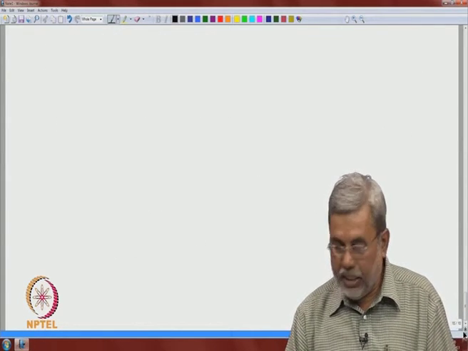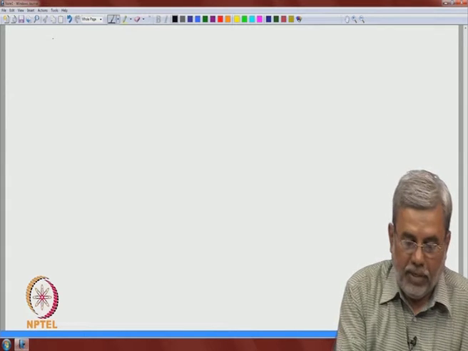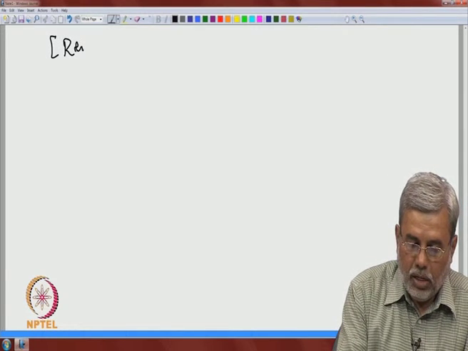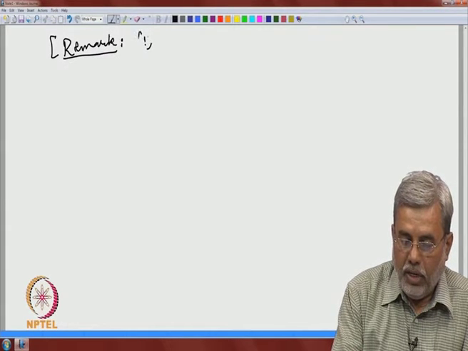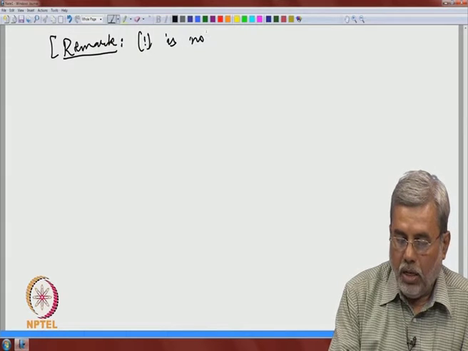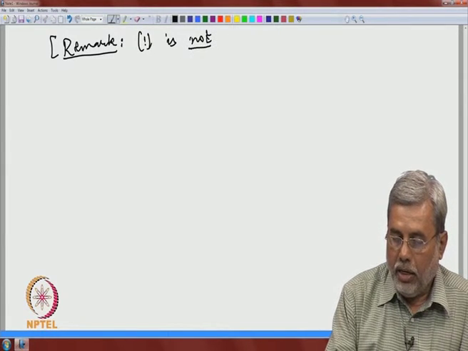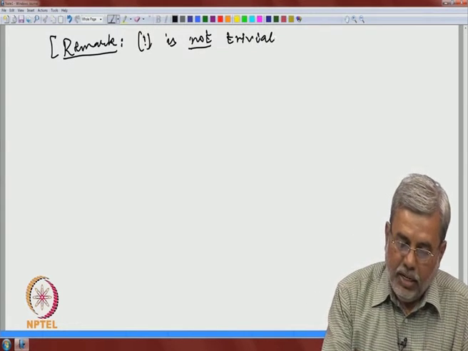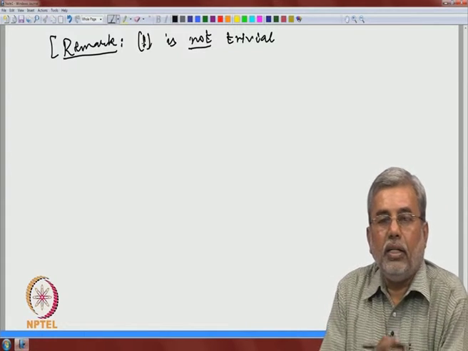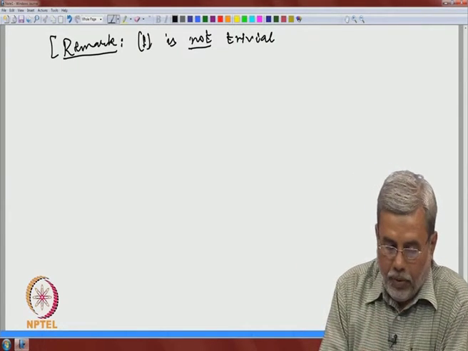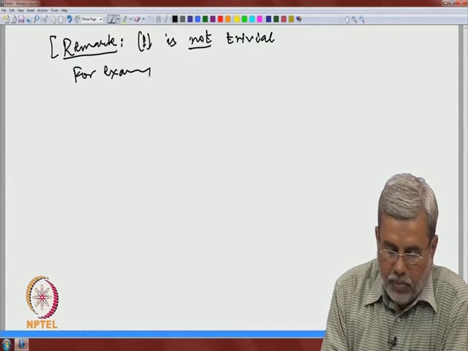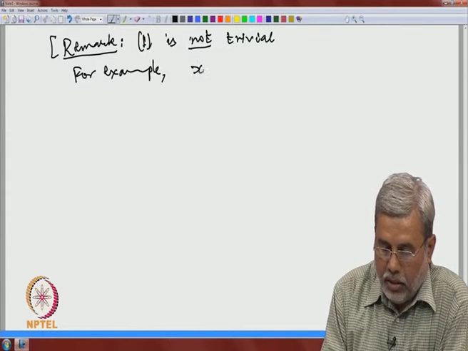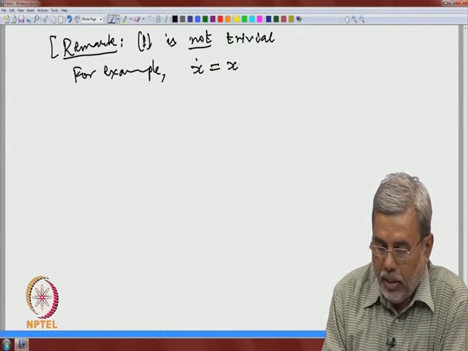And let me just stress as a remark, 1 is not trivial. It does not follow automatically. We have already seen an example where the solution does not exist for all time. For example, x dot equal to x square.